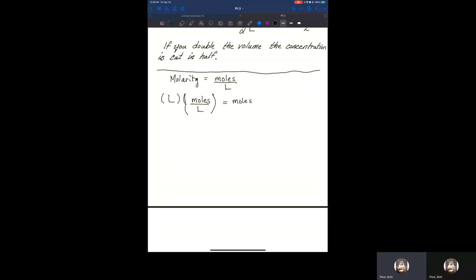When we do a dilution, we have what's called the concentrated or the stock solution.